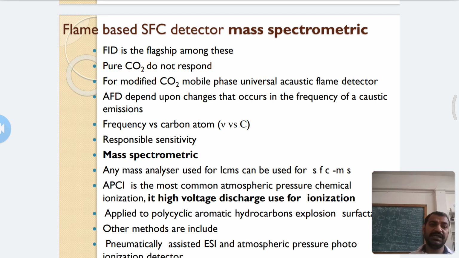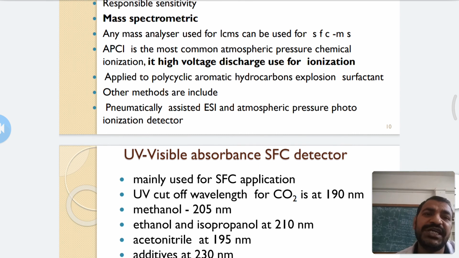Similarly, in the last chapter we used LCMSMS, where liquid chromatography is used for separation and MSMS for mass detection. Similarly in SFC, we use it for separation and mass detectors for detection. APCI, atmospheric pressure chemical ionization, is the most common ionization detector used.